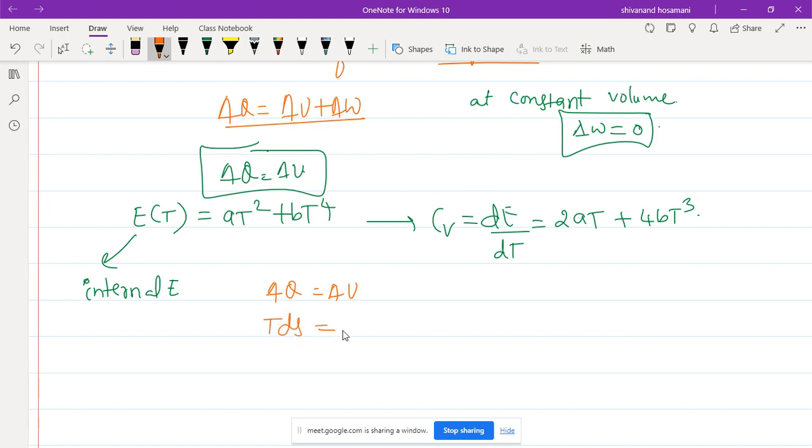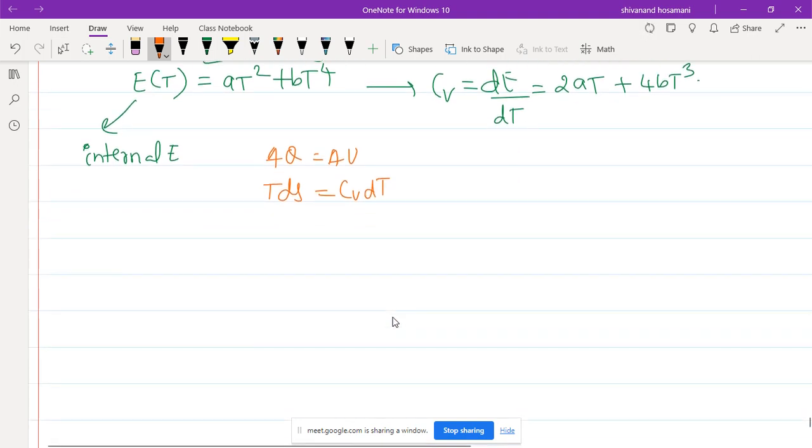Is it correct? Delta U can be written as CV dT. It asks what is the entropy of the system, right? So dS is equal to CV divided by temperature T into dT.